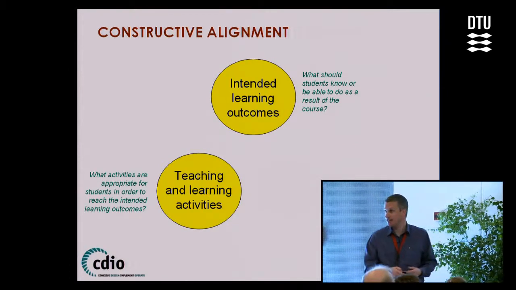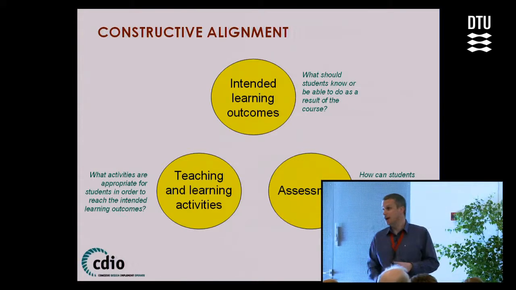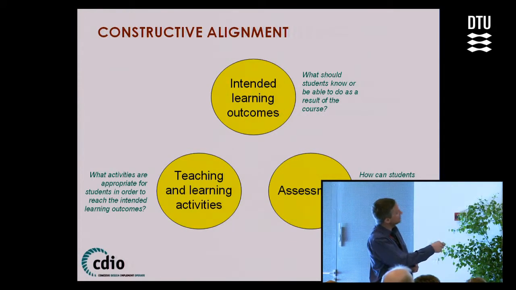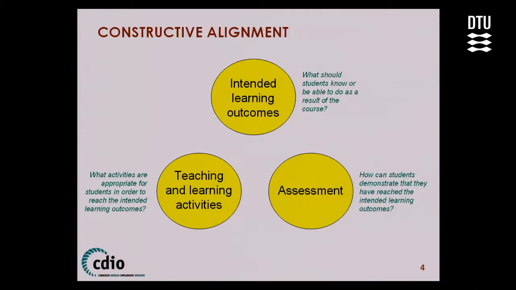And then the third part of that jigsaw is we also design assessment processes which are aligned with the learning outcomes. Okay, so we design the learning outcomes, we design the teaching and learning experiences and the assessment as a whole to ensure that they're integrated together.